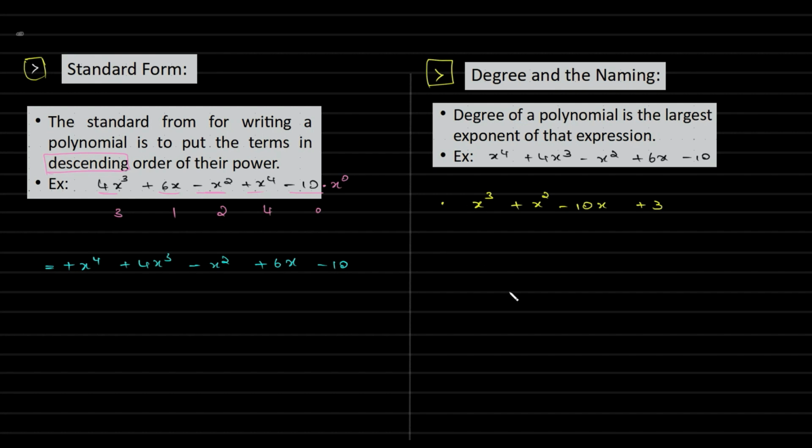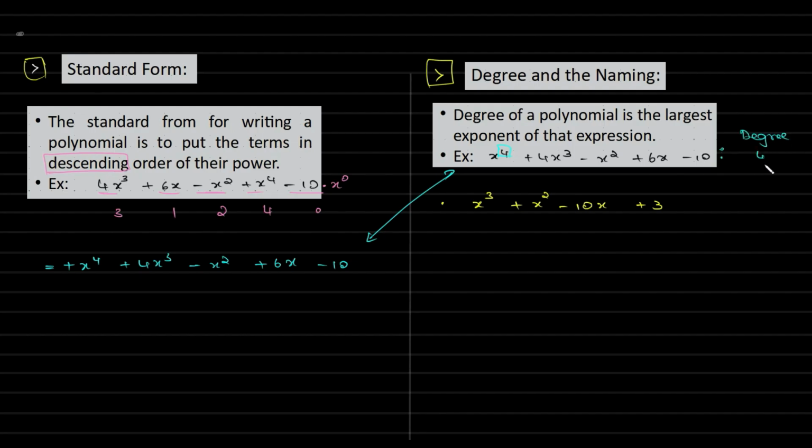The degree of a polynomial is the largest exponent of the expression. Once you arrange in descending order, in this case, the same example, the degree of this polynomial is 4, the highest power.